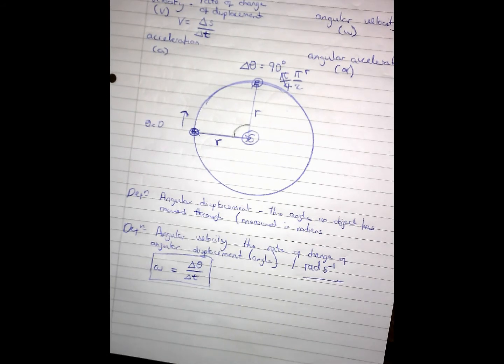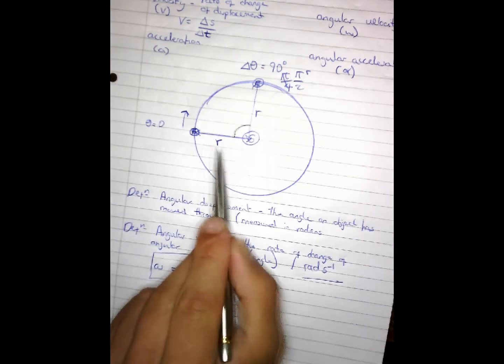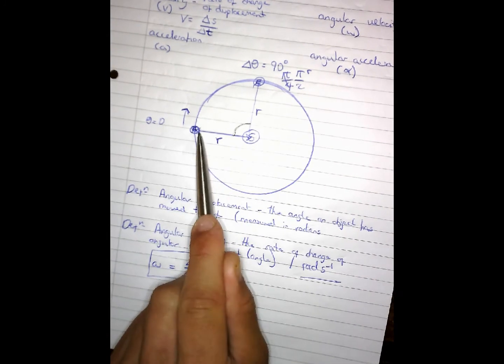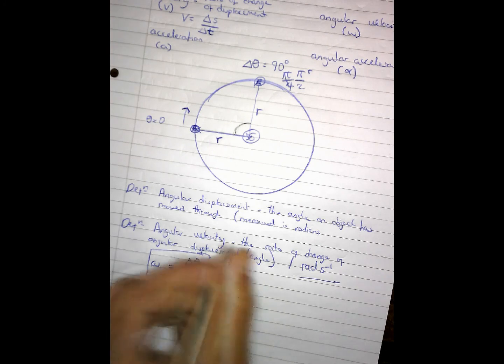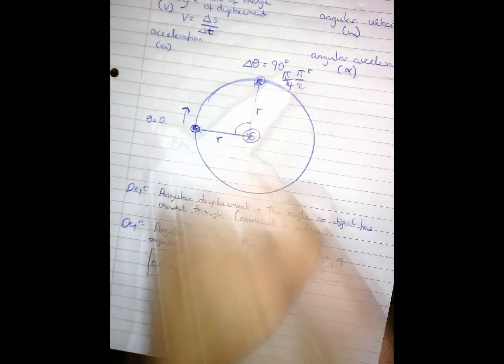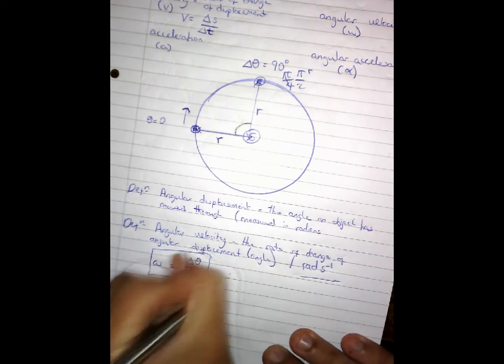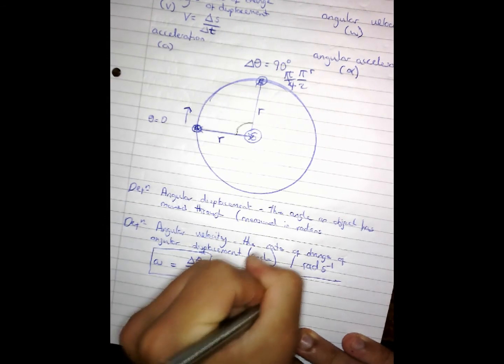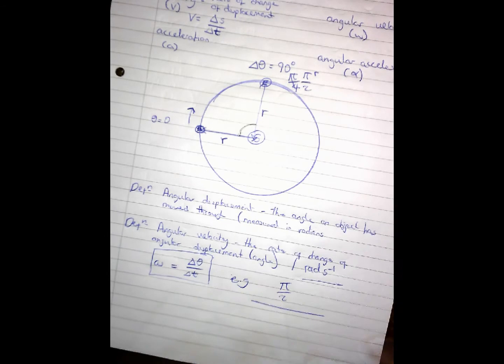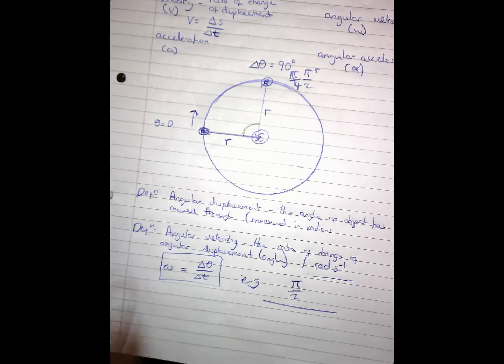If we apply this to our example, we've got the Earth going from here to here. Well, we've already looked at what our change in angle or angular displacement is, and our change in angle is 90 degrees or pi by 2 radians. So for this example, we've got pi by 2 radians, and we're dividing that by the time.